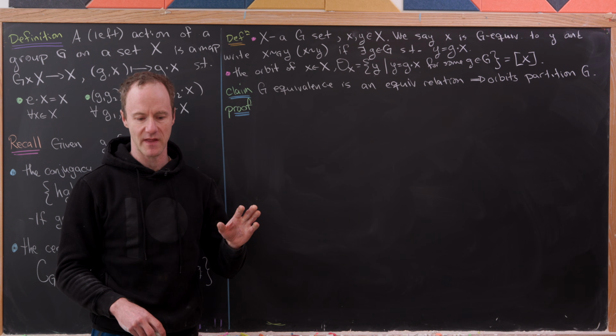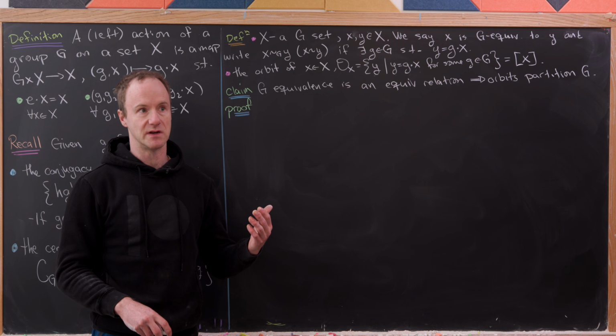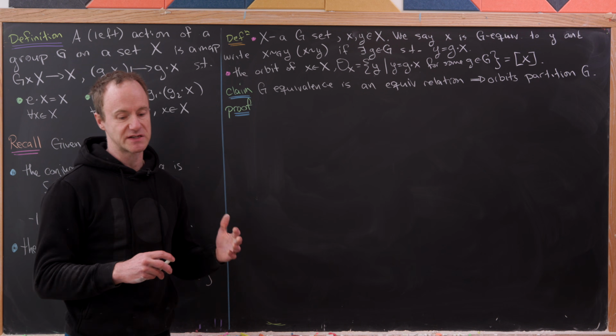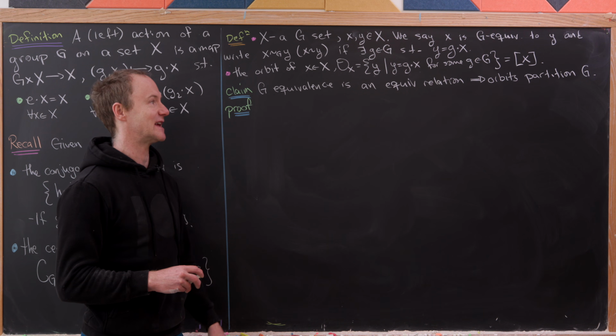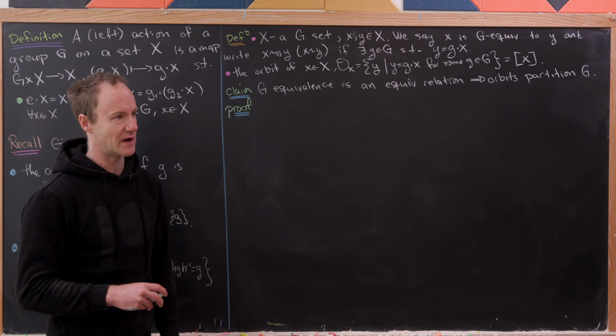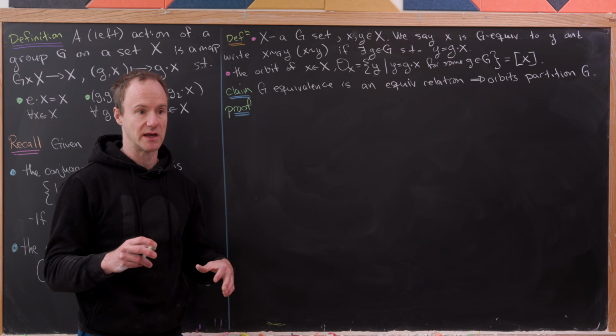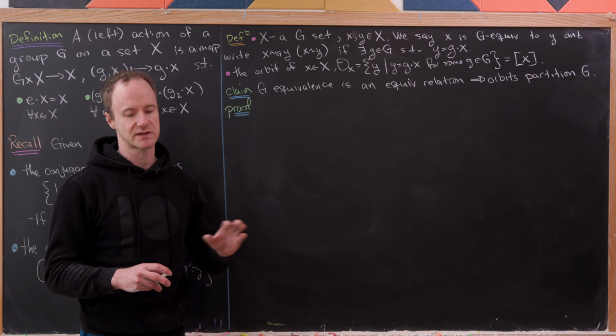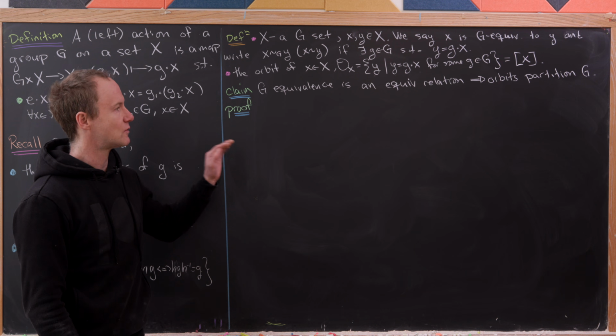Now I'd like to point out that what we really need to do to even get this off the ground is prove that this is in fact an equivalence relation. That means that I can use all of those words up there that I've used while I was talking, like equivalence relation, equivalence class, so on and so forth. So let's do that here.